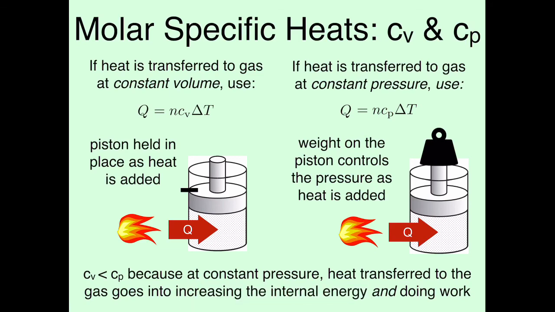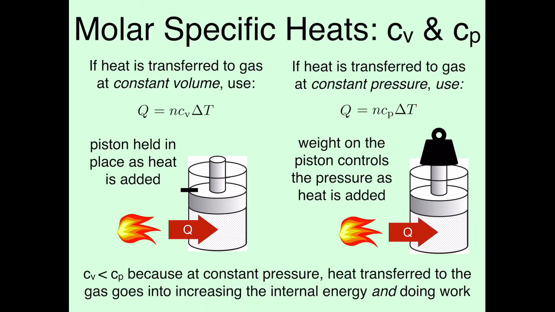So we want to know how the amount of heat transferred to the gas, that's Q, relates to the change in temperature, delta T, that will result from that. So the relationship is given by Q is equal to n C_V delta T. So C_V just refers to the fact that we're doing this at constant volume. Okay, we're not allowing the volume to change.